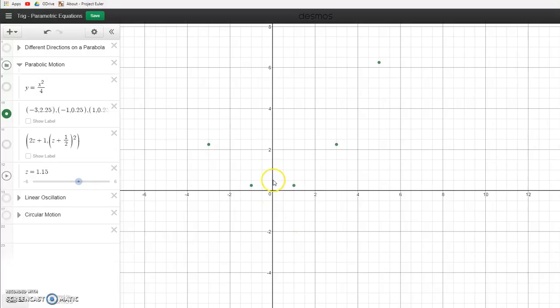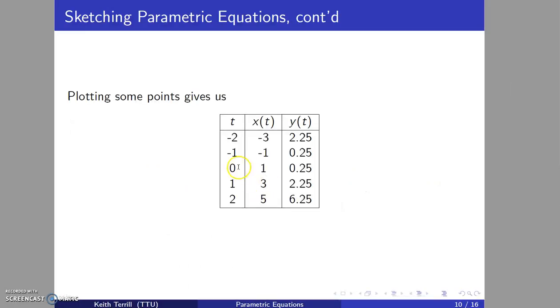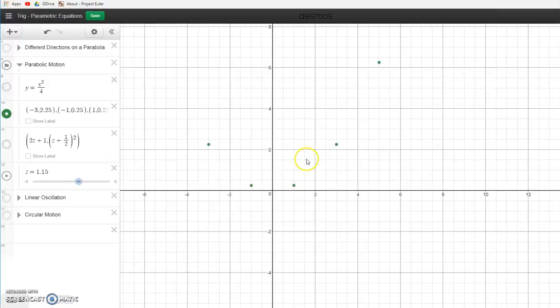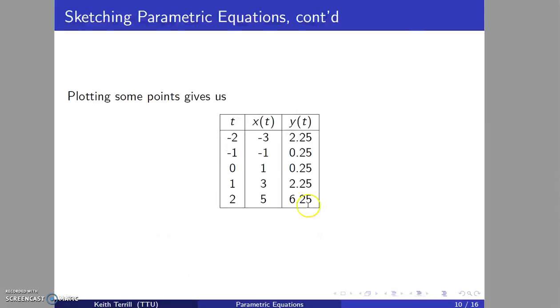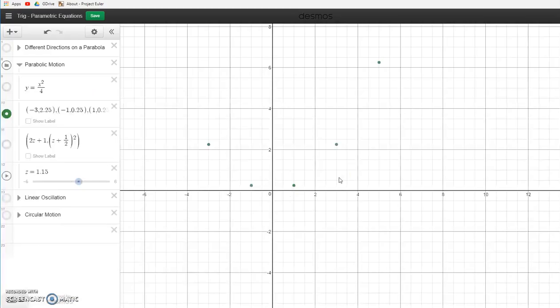In fact, if you wanted to know what this spot is exactly here, you would have to use t equal to a half, I believe. No, negative a half. Negative 0.5 would be the t value that you would need to get the vertex at (0, 0). And with just these 5 points, we haven't done enough to know that. We would have to plot still more.